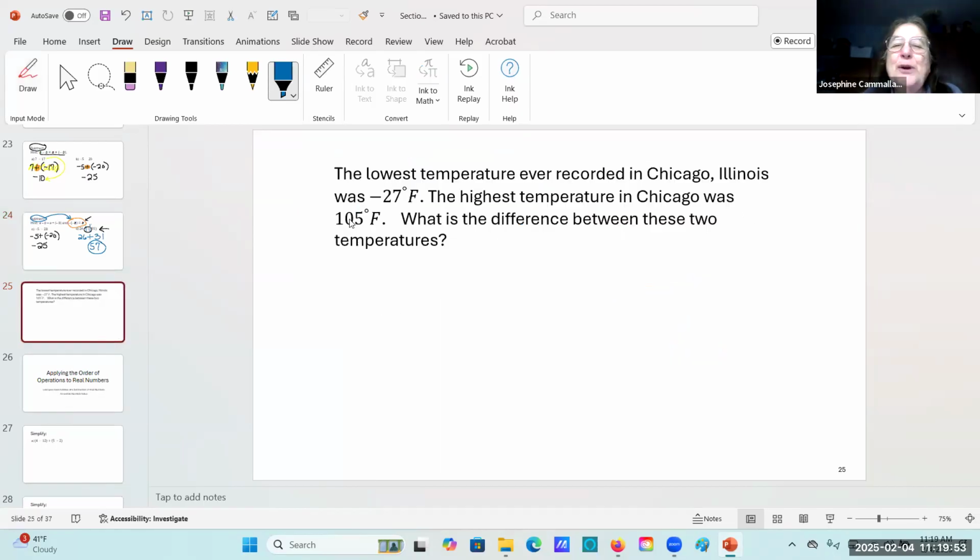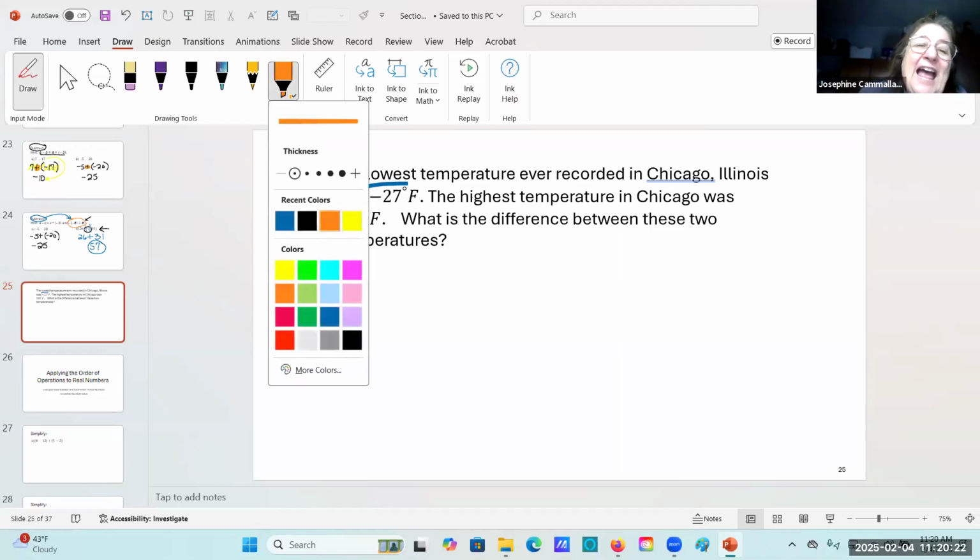Now, story problems. You've got to understand what this problem is saying, and with negative numbers, it's very important. The lowest temperature ever recorded in Chicago, Illinois, was a negative 27.